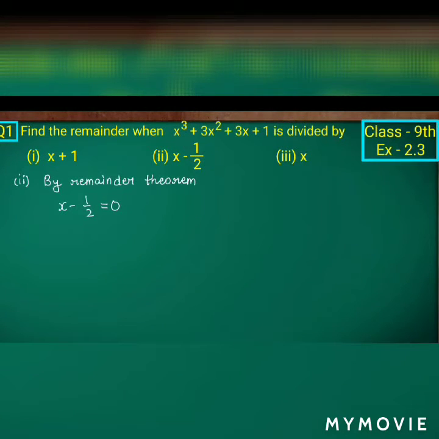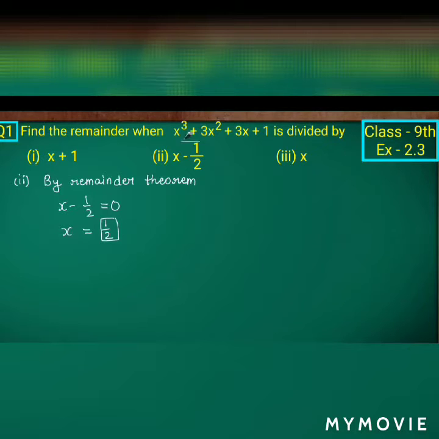In the same way, by remainder theorem we have to take x minus 1 by 2 equals 0, and we have to find the value of x. That value of x should be substituted in x cube plus 3x square plus 3x plus 1. So x becomes what? x equals 1 by 2, isn't it?